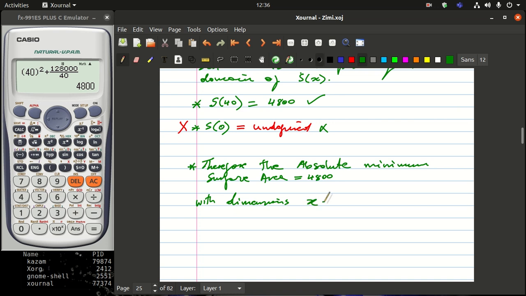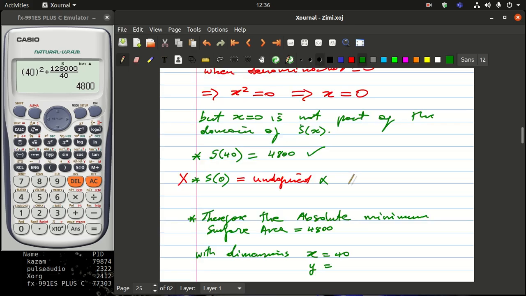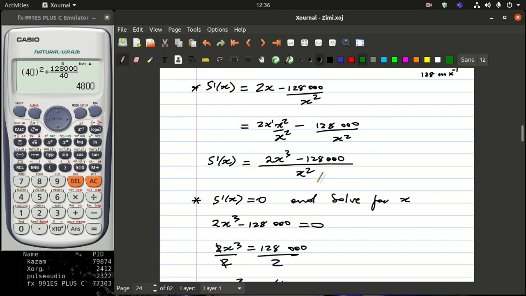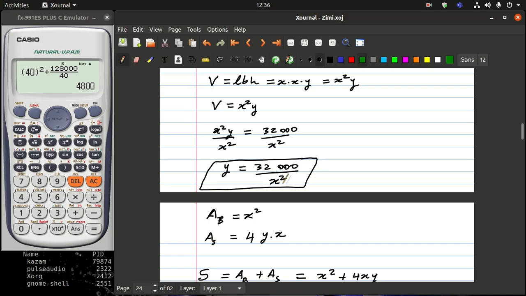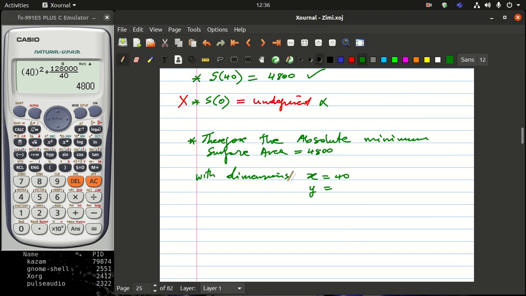So my x, we know that it is equal to 40, and what will be our y? Our y, we had our y here. What was our y? Our y is equal to 32,000 divided by x squared. So our y was 32,000 divided by x squared.